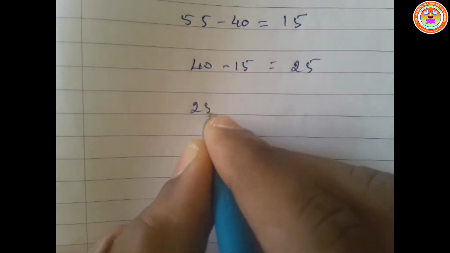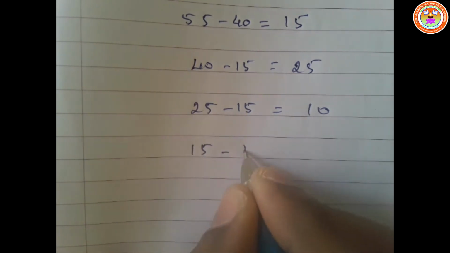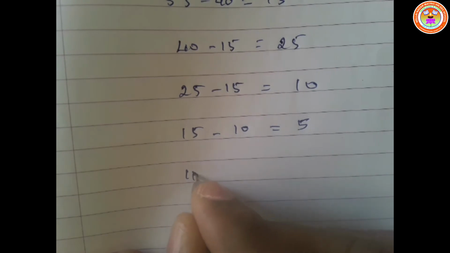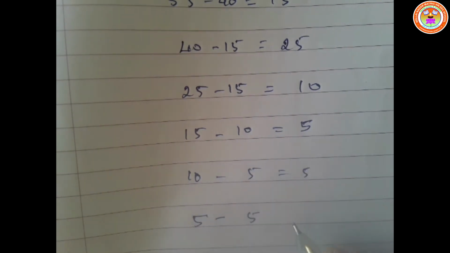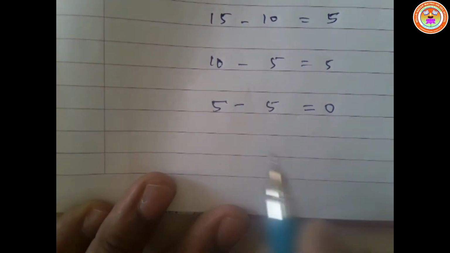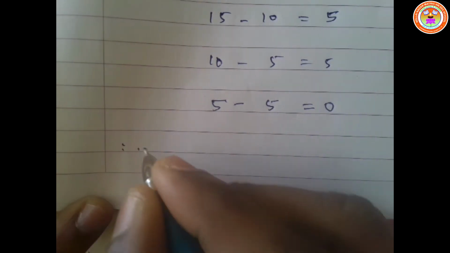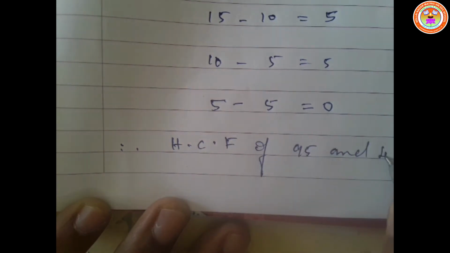So 25 minus 15, 10. So 15 minus 10, 5. Again 10 minus 5, 5. So finally you will get 5 minus 5, you got 0. So until you get the answer 0, you have to subtract. Now we got the answer 5 minus 5, 0. Therefore, HCF of 95 and 40 is 5.